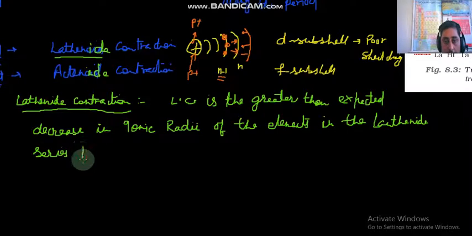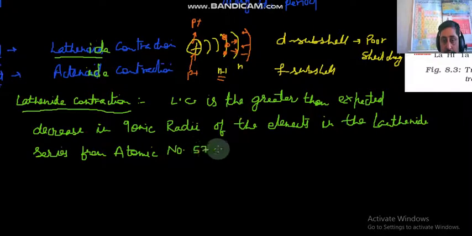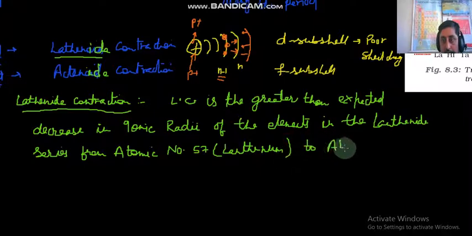from atomic number 57, that is lanthanum, to atomic number 71, that is lutetium.